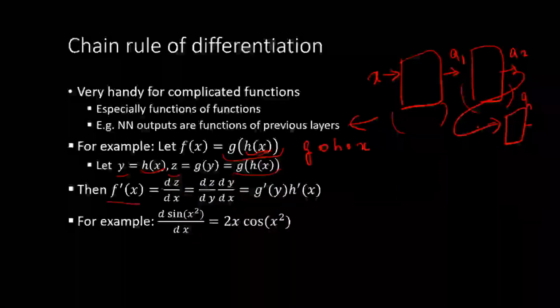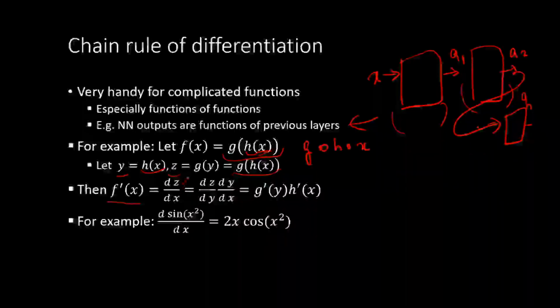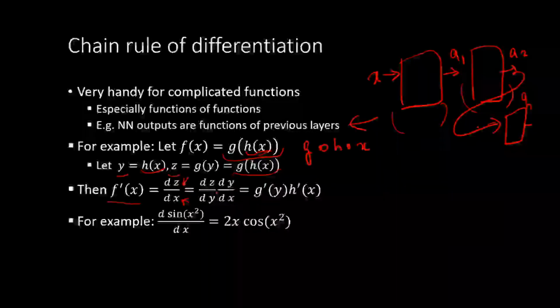So your derivative of f with respect to x is nothing but dz by dx, which by the chain rule of differentiation is going to be dz by dy times dy by dx.